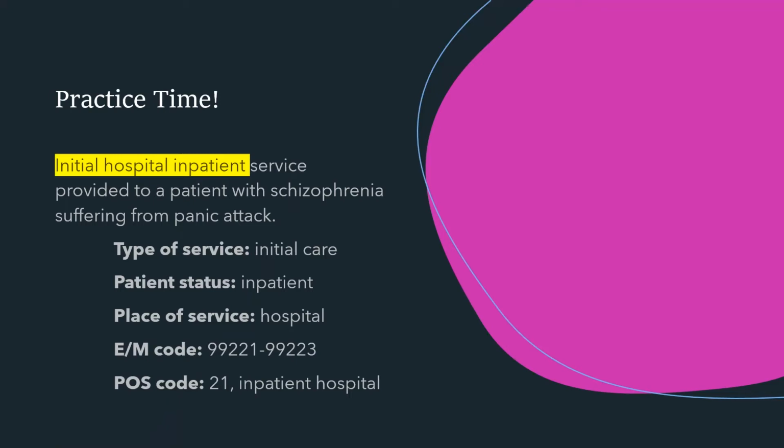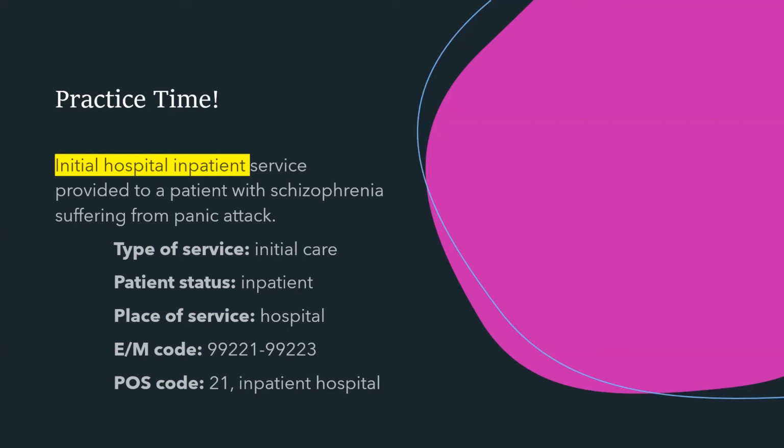99223. If you open your CPT code book to the E&M section, you will see there are many different subheadings within that section. One of those is initial hospital care. And in that subheading, there is the category new or established, and then you would find that code range 99221 to 99223.